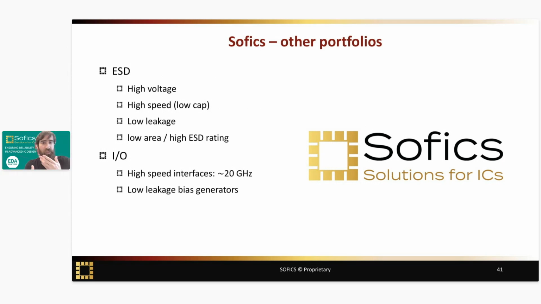Low leakage, similarly, picoamps of leakage is for sure possible, or just simply a higher performance ESD cell, which leads to lower area or higher ESD rating for the same area. Next to this ESD story, we have other IOs available as well, where we focus on higher speed interfaces. 20 gigahertz, 30 gigahertz are just some of the ballpark values, or other things such as bias generators, which have a much lower quiescent current.